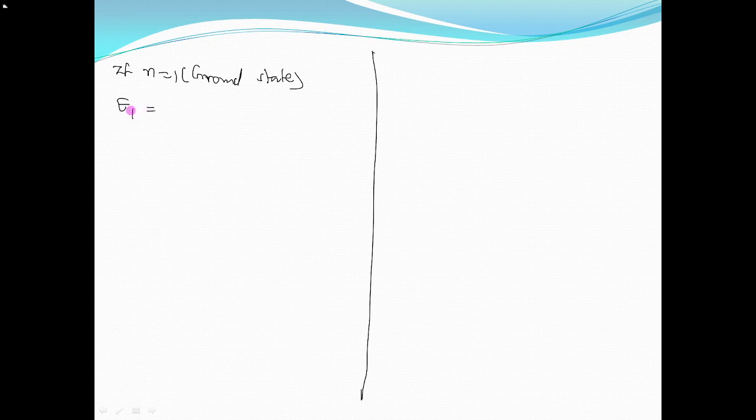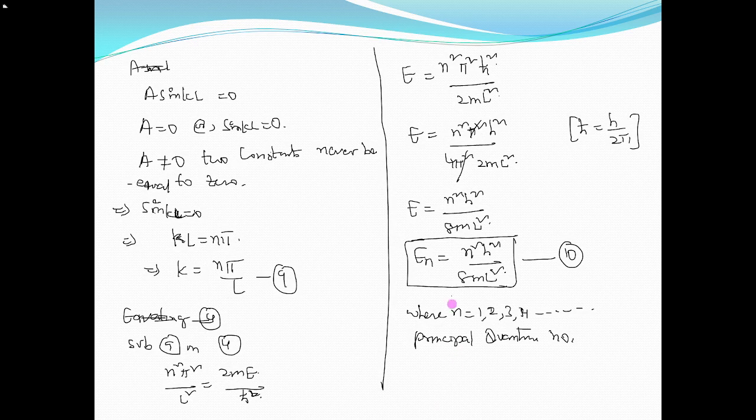If n is equal to 1, this is for the ground state. In place of n, if I substitute 1, I will get E1 is equal to h square by 8m L square.